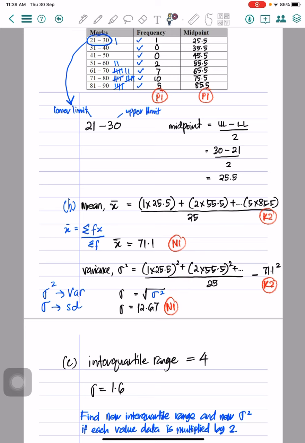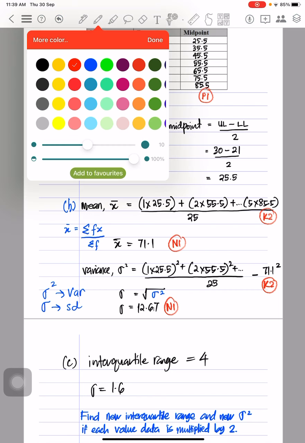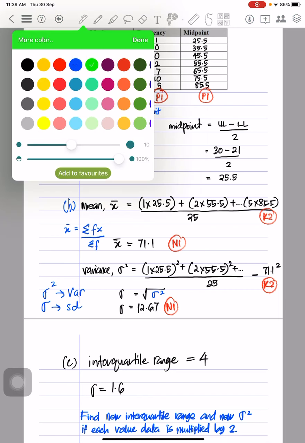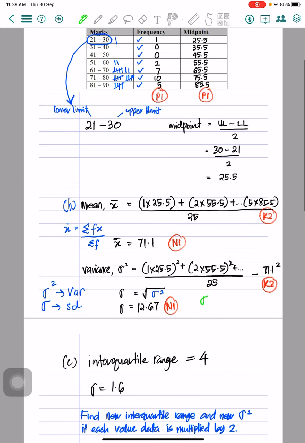This is the formula for variance: the sum of f x squared, over the summation of f, and then minus the mean. Do not forget to subtract the mean squared. That is how I calculate the variance.